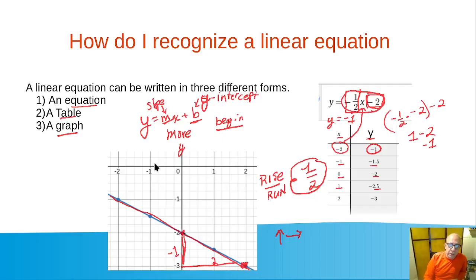Or I could still go up 1, but then I've got to go to the left 2. They are both 1 over 2. 1 over negative 2 is exactly the same as negative 1 over positive 2. So these are both negative 1 over 2.